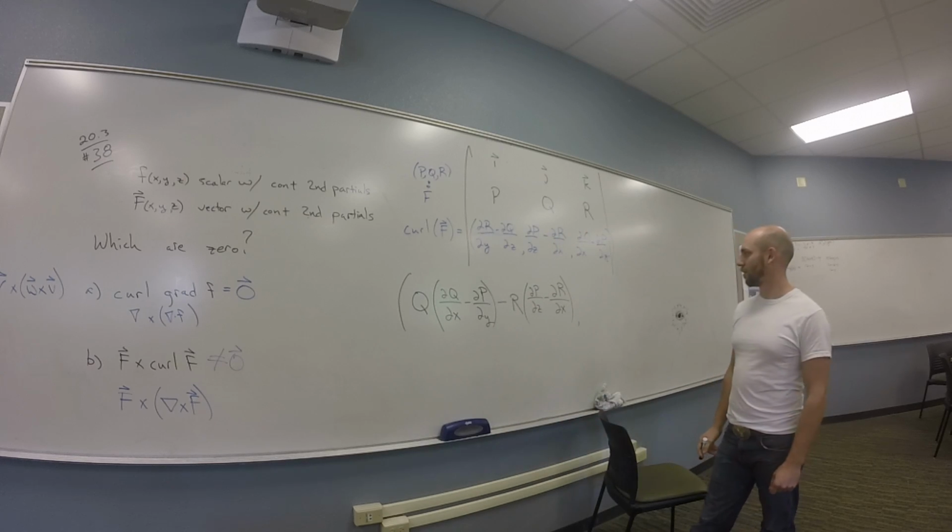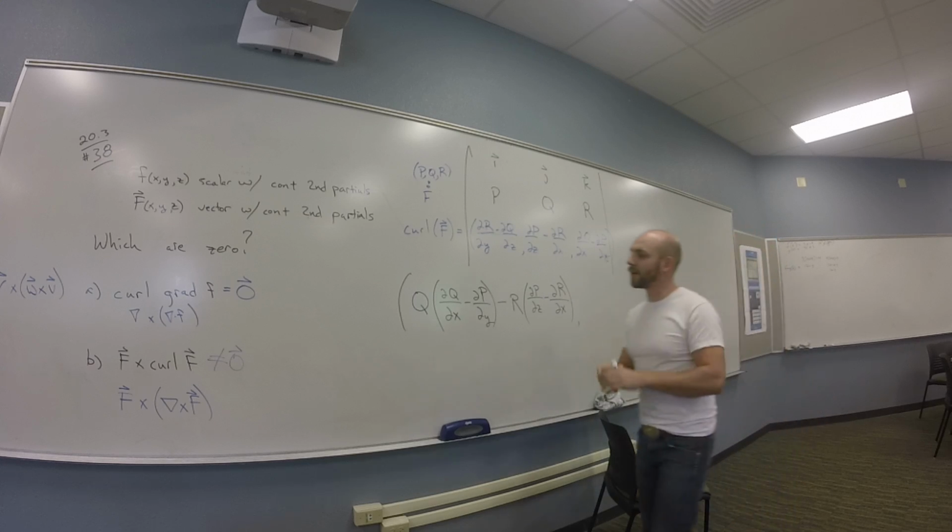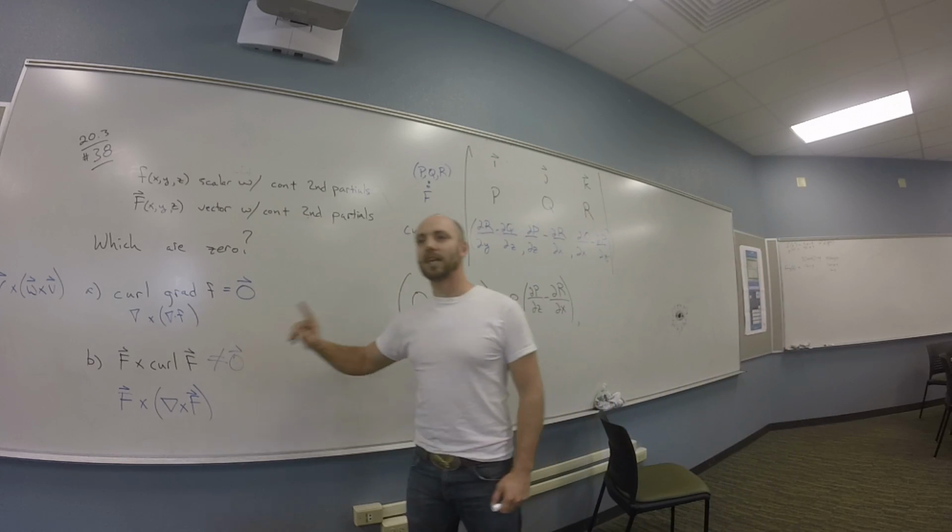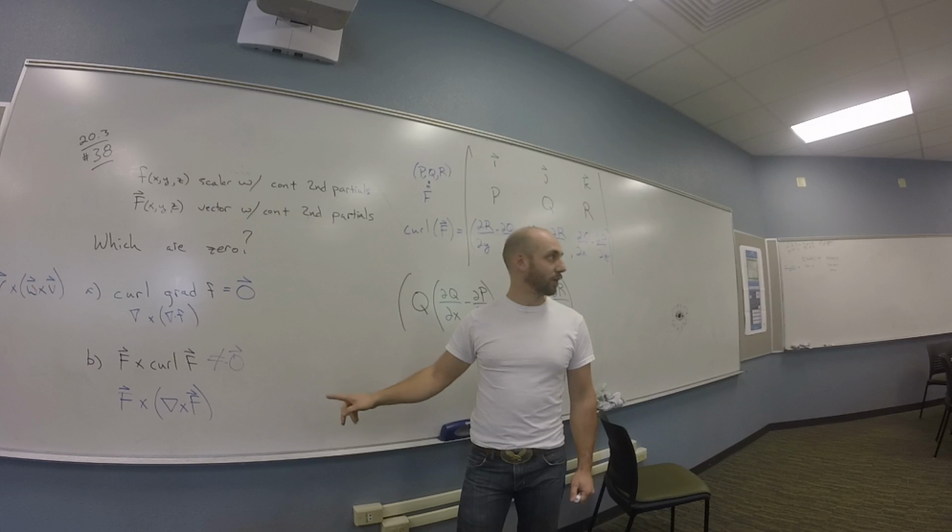I don't think there's really much we could say. You guys with me on that? So my claim is that this thing is not always identically 0, right? You guys see that?